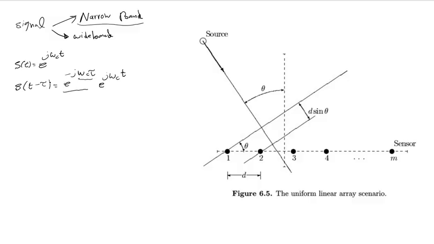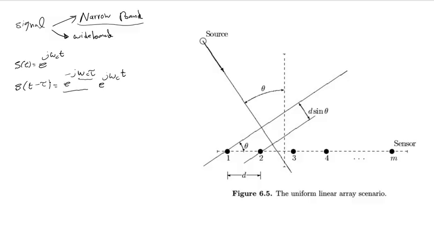Okay, let's start. We start studying this scenario. We have a source, and actually we have many sources, but I started with one source. Then I can extend it to N sources. From that source we receive a wave.